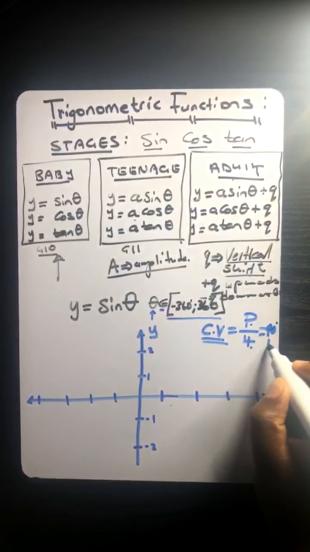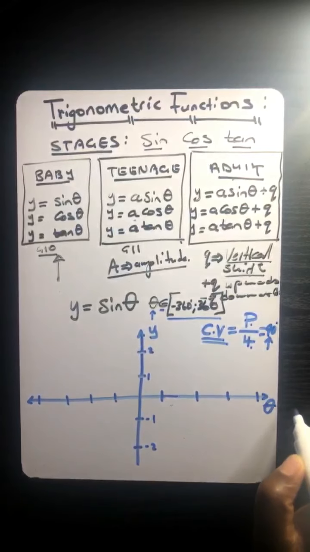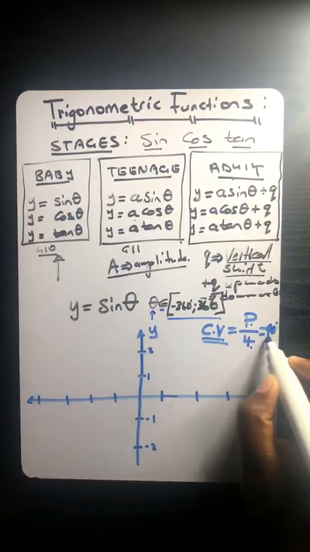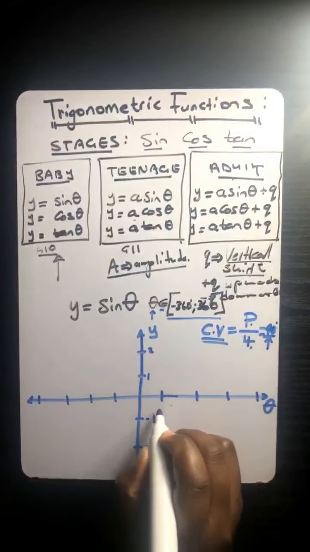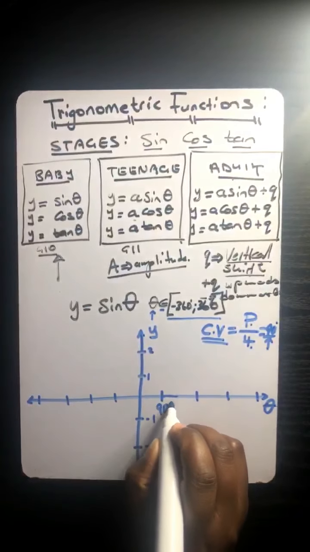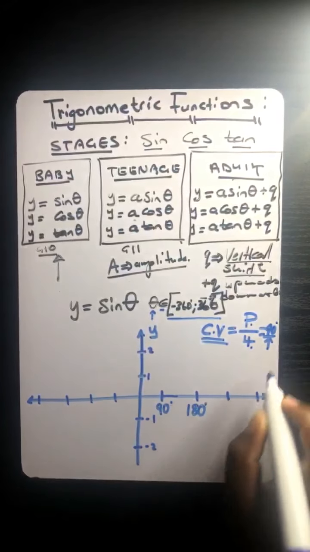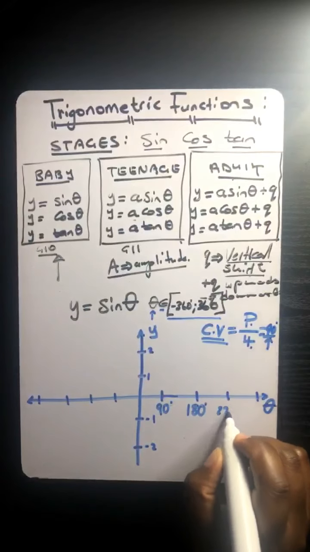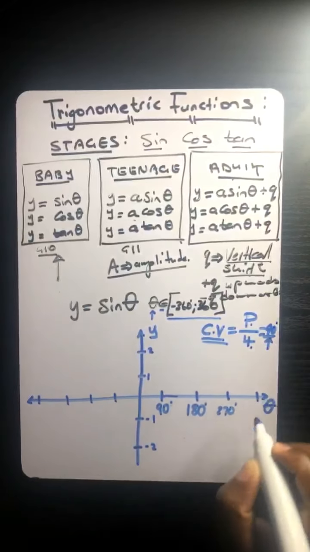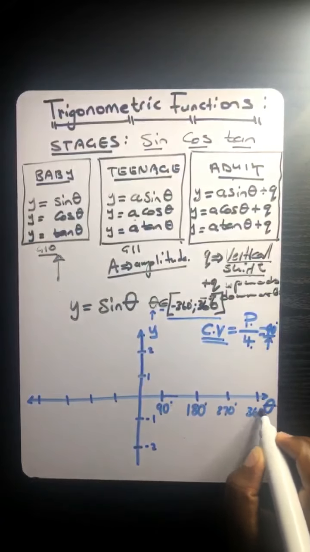So this 90 degrees means you must space your function in intervals of 90. So you are going to have 90 there. You add another 90, what are you having? Is it not 180? You add another 90, is it not 270? You add another 90, is it not 360?